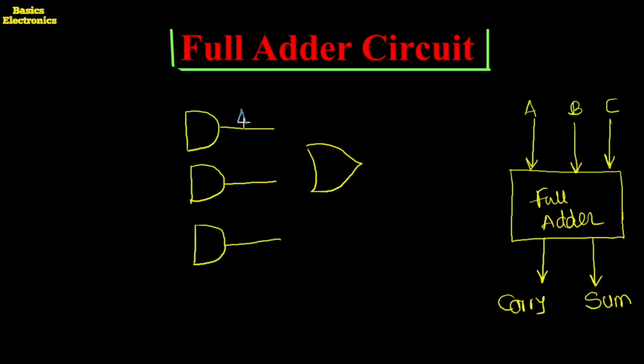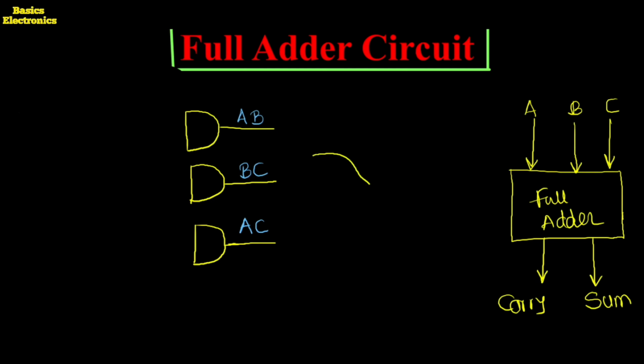These two inputs are A and B. For the second gate, the inputs are B and C, and for the third AND gate, the inputs are A and C. These AND gates have the binary bits as inputs. The outputs of these three AND gates we apply to the OR gate.